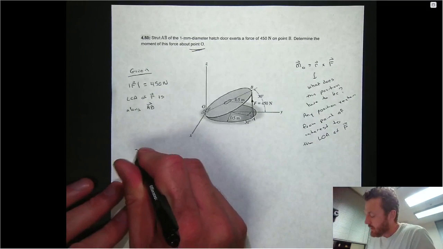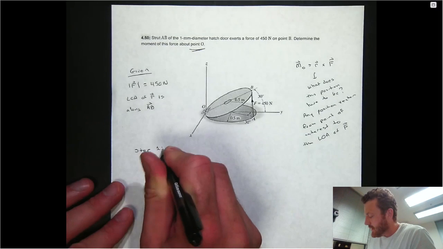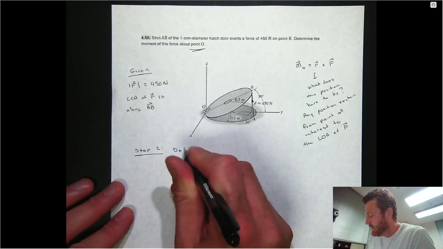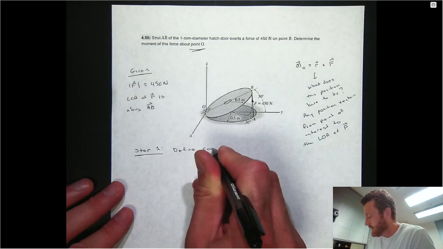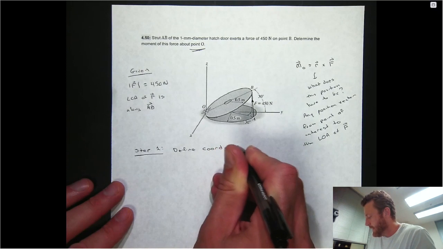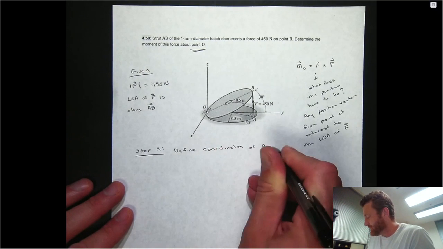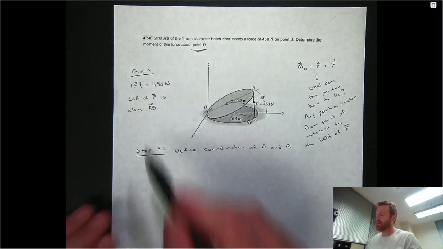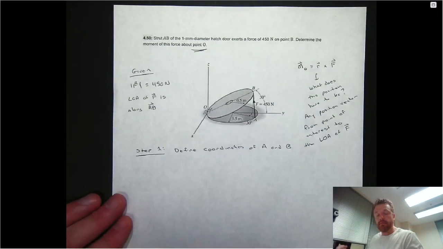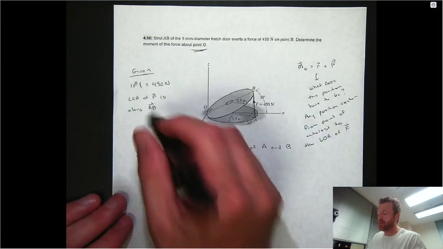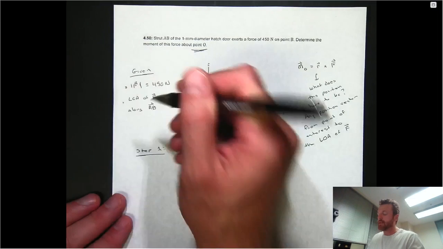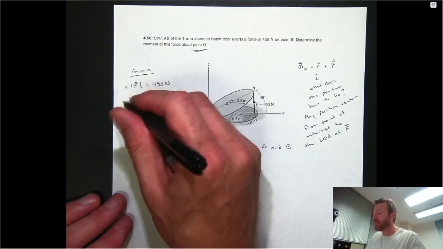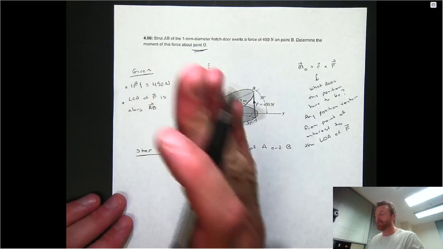So the first step is to define the coordinates of A and B. This is essential in order to write F in rectangular form, because the way we write F in rectangular form is to scale its magnitude by a unit vector along its line of action.